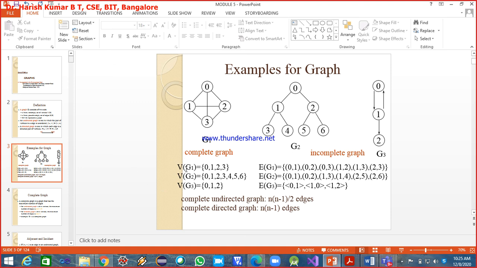And how do we represent the graphs? Like this. The list of vertices of the graph G1 is written as 0, 1, 2, 3.